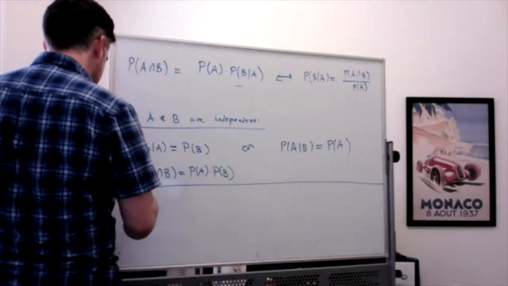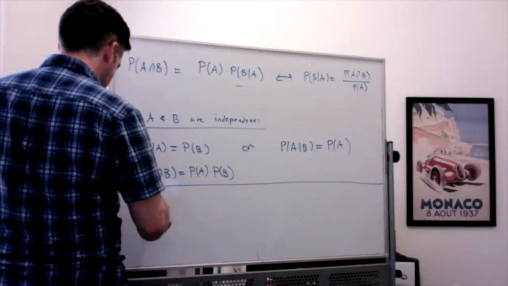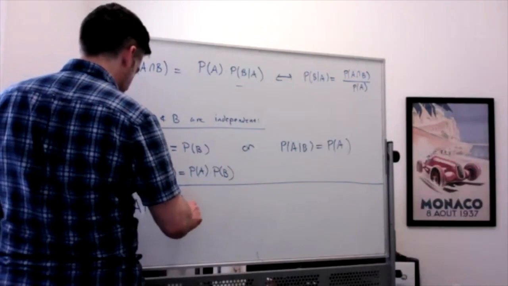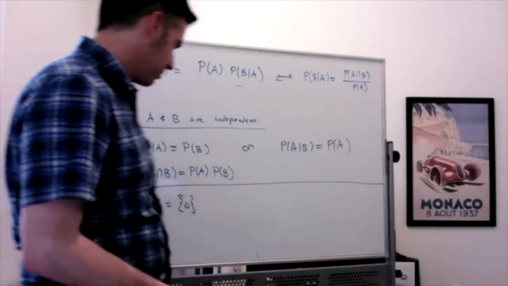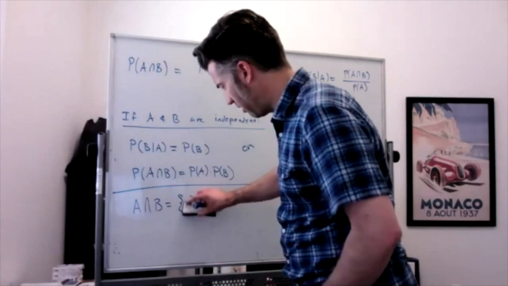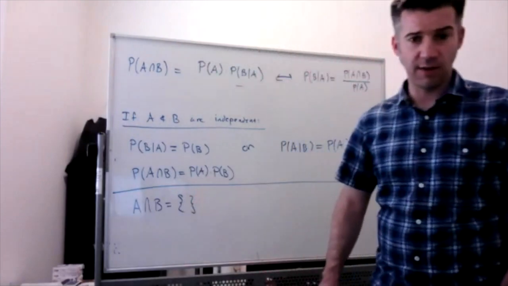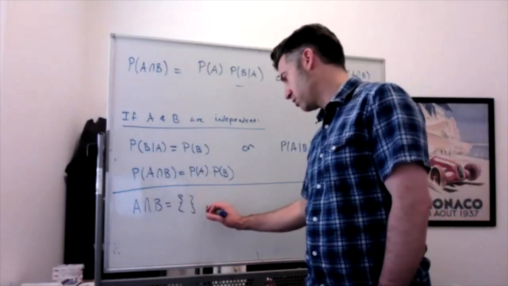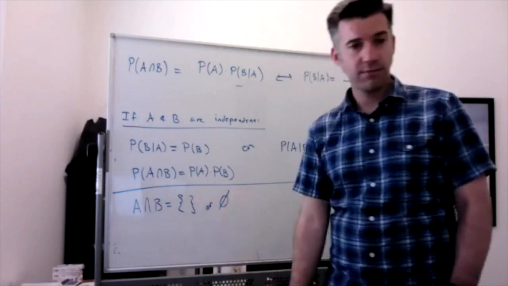So let's say that A and B were disjoint. So A intersect B is the empty set, or if you prefer, you can use the Greek letter phi.